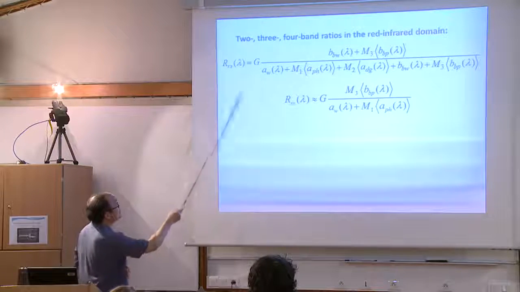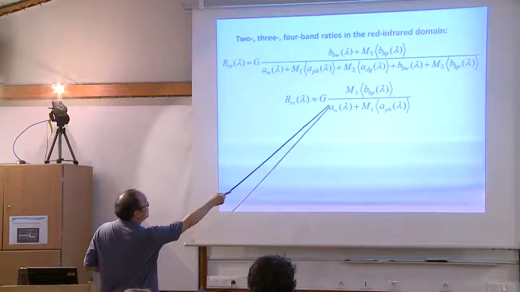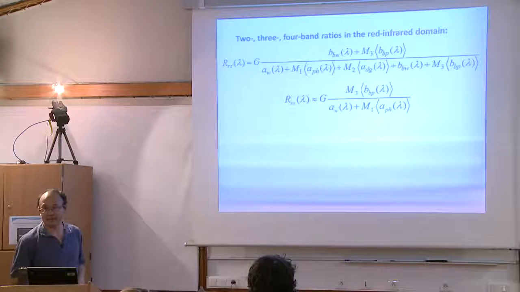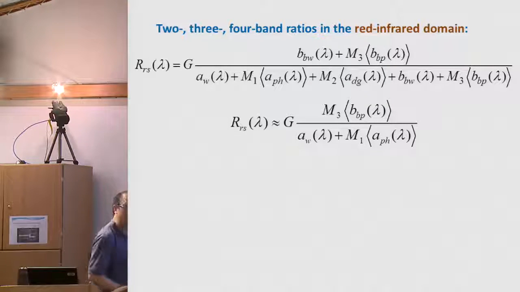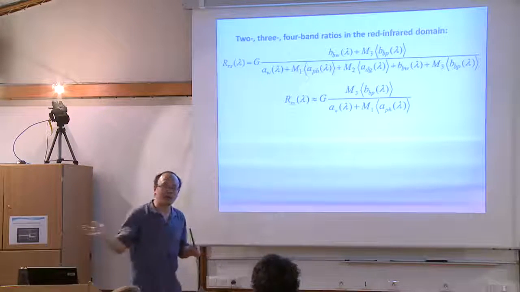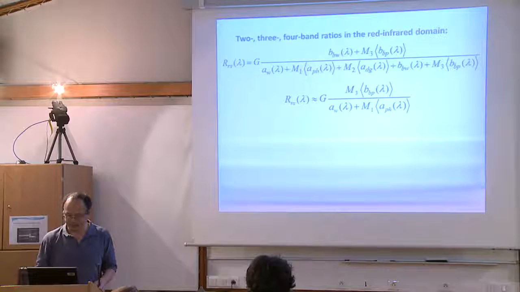Then the equation reduces to Rrs in the red infrared domain becoming M3 divided by A water plus M1 divided by A phytoplankton. When it's strongly absorbing phytoplankton waters, this one could still be important. But this one, ADG, is no longer important for those phytoplankton bloom waters.